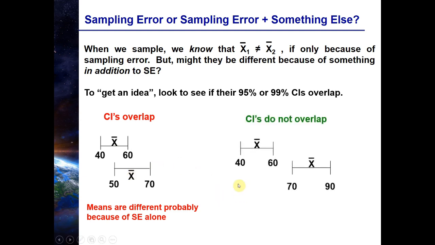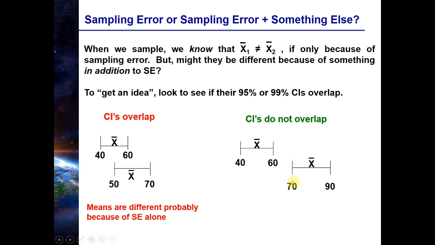Here's an example where the confidence intervals do not overlap. So let's say you draw an interval around the dim screen and the bright screen. Here the confidence interval goes from 50 to 60. Here it goes from 70 to 90. You see how there's no values in common? This one stops at 60 and this one picks up at 70, so there's no shared values.